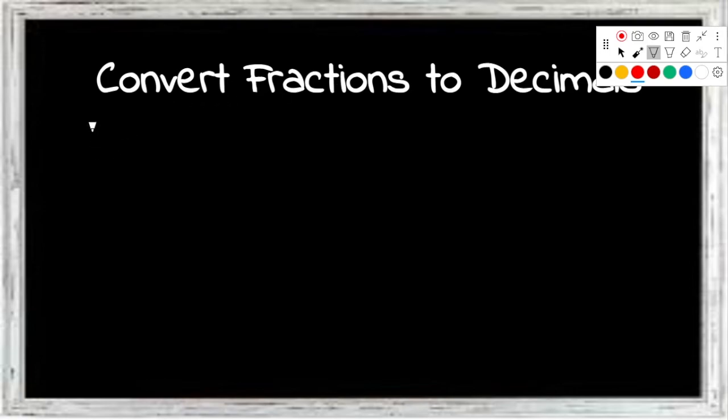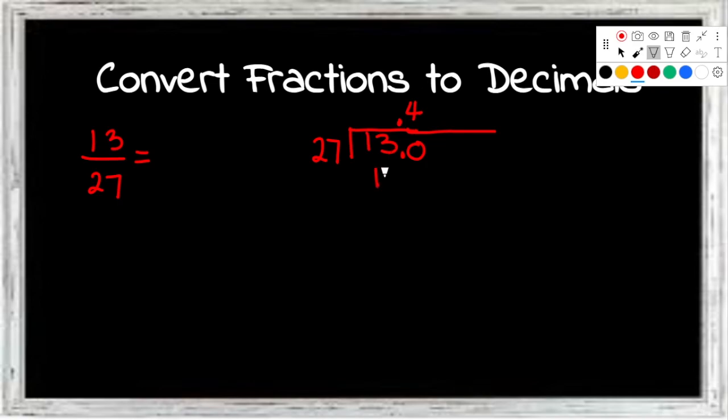Next is 13 by 27. Let us divide. 13 divided by 27. Then add 0 and align it. 130 divided by 27 is 4. 4 times 27 is 108. 130 minus 108 is 22.